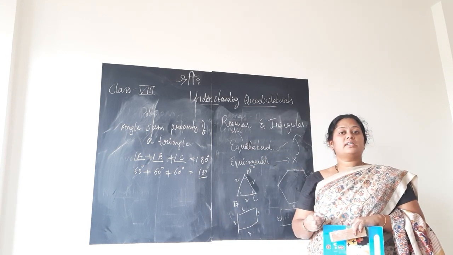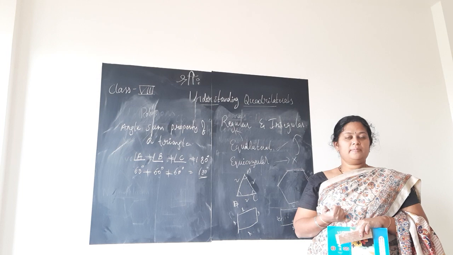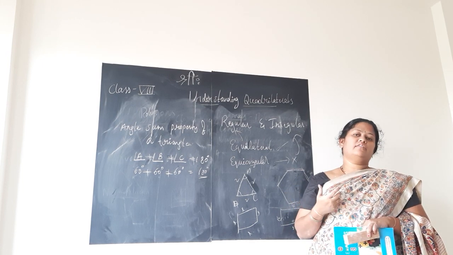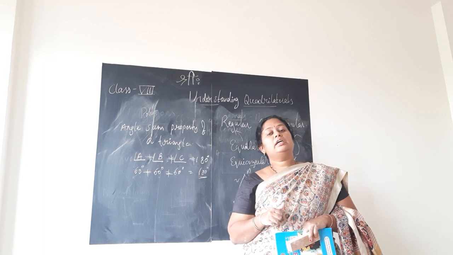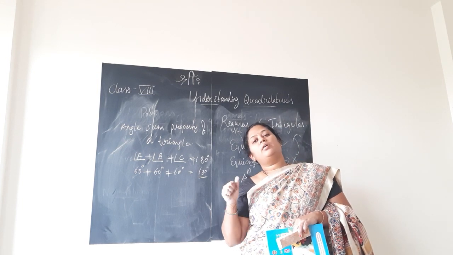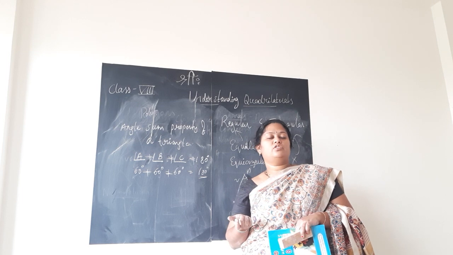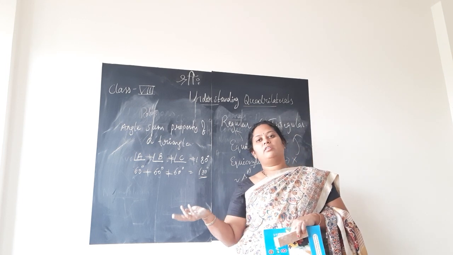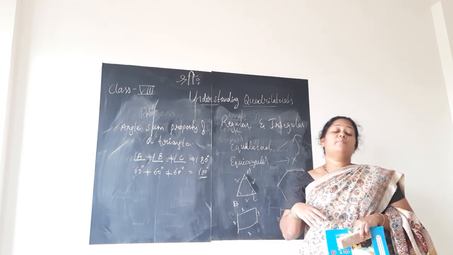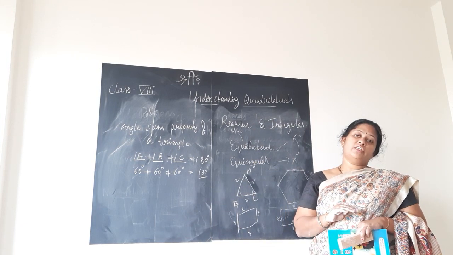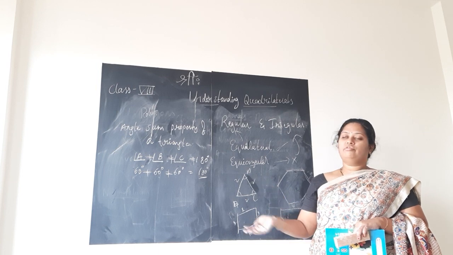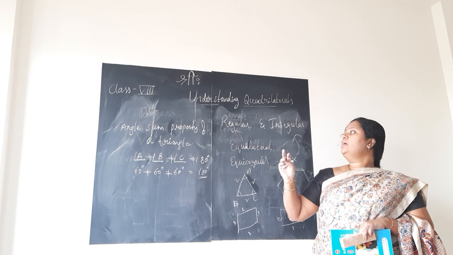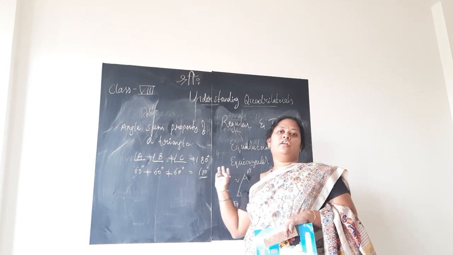So what we discussed is, first we studied what a polygon is. It is line segments forming a closed curve path that gives you a polygon. Polygons are classified based on the number of vertices and angles, like triangle, quadrilateral, pentagon, hexagon, heptagon, octagon, nonagon. We studied the types of polygon, that is convex polygon and concave polygon, and how to identify them. Next we studied regular and irregular polygons.